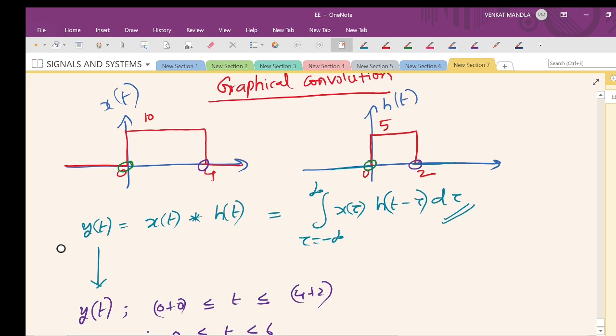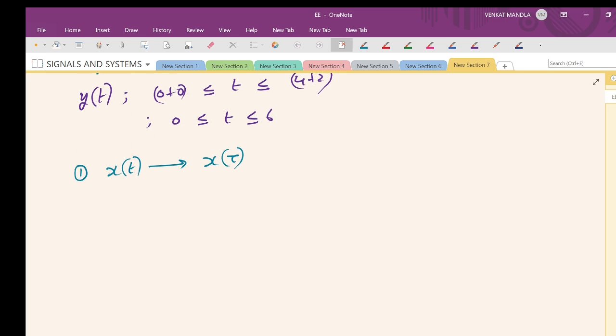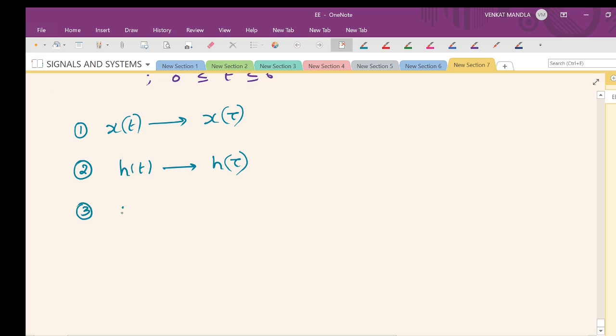First, x(t) to x(tau): the time axis t is changed to the tau axis. Next, h(t) to h(tau). Next, h(tau) to h(minus tau), that is, tau changed to minus tau. This is the time reversal operation on h(tau).